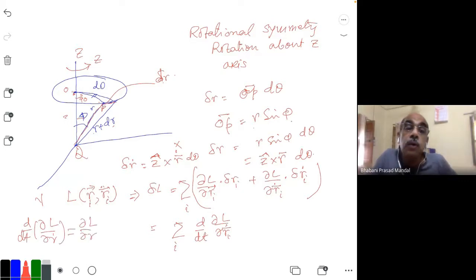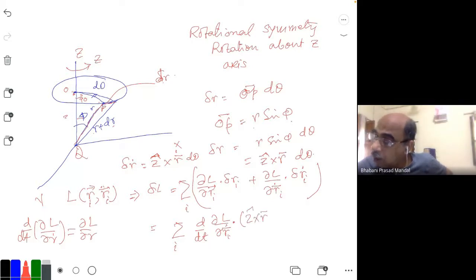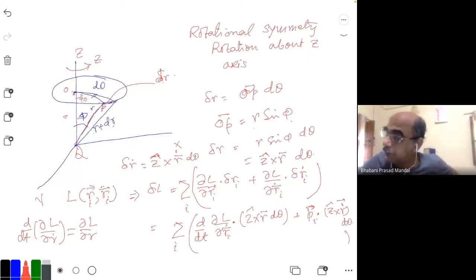So we substitute del L del r through this, then dotted with z cross r d theta. And this is p, so p i vector dot z cross r vector d theta. The summation is for both the terms.